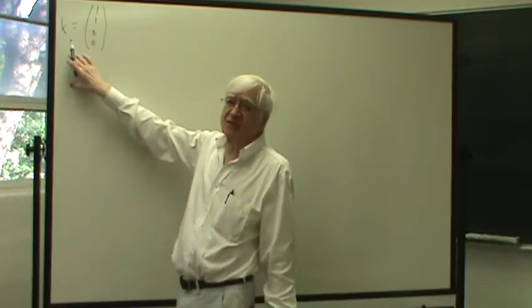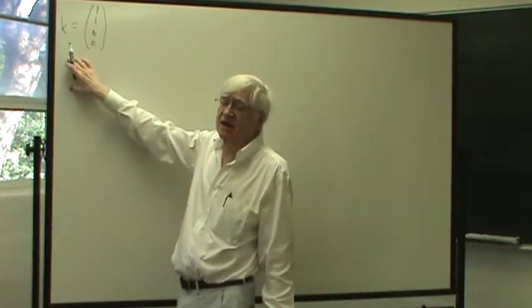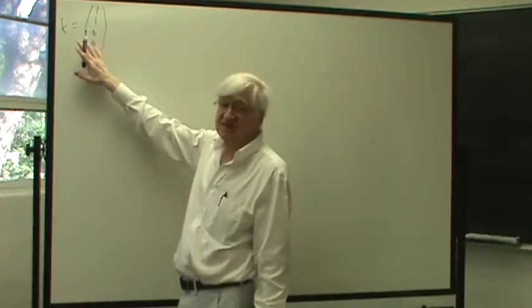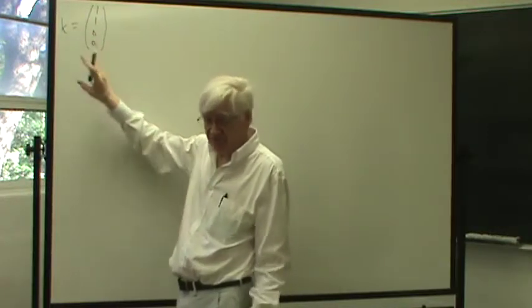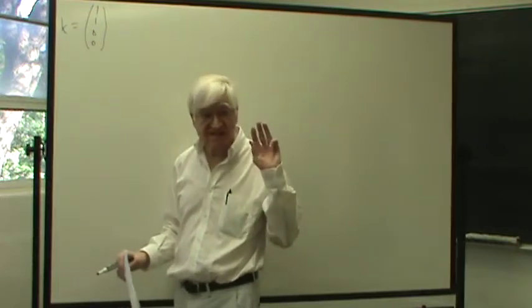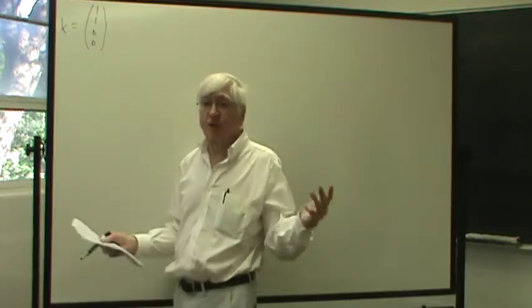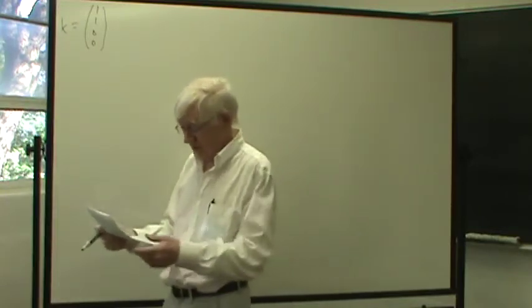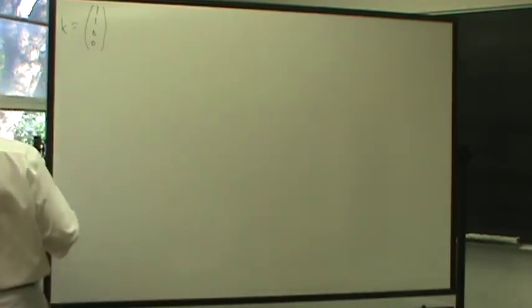What is the little group? The little group is the group of Lorentz transformations that leave this vector invariant. So let's look at the 6 generators and find out what they do to this 4-vector, and that'll tell us what's going on.